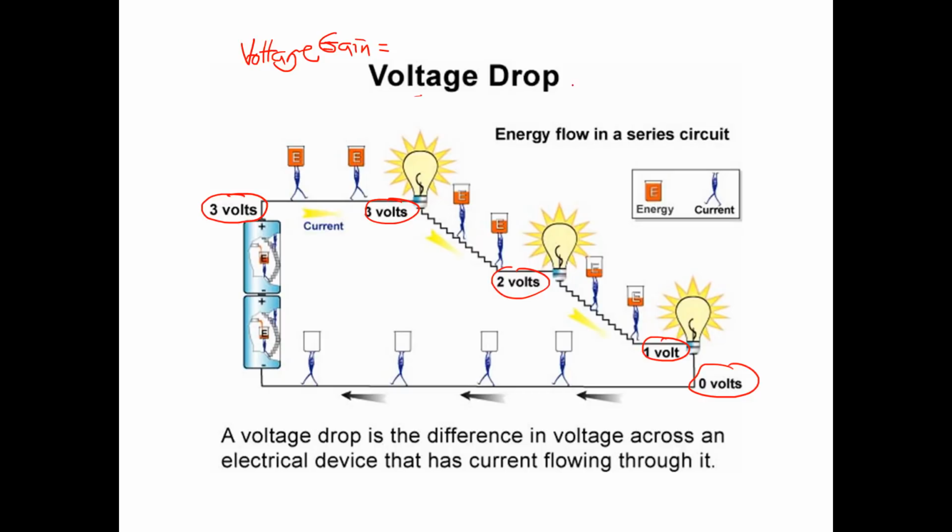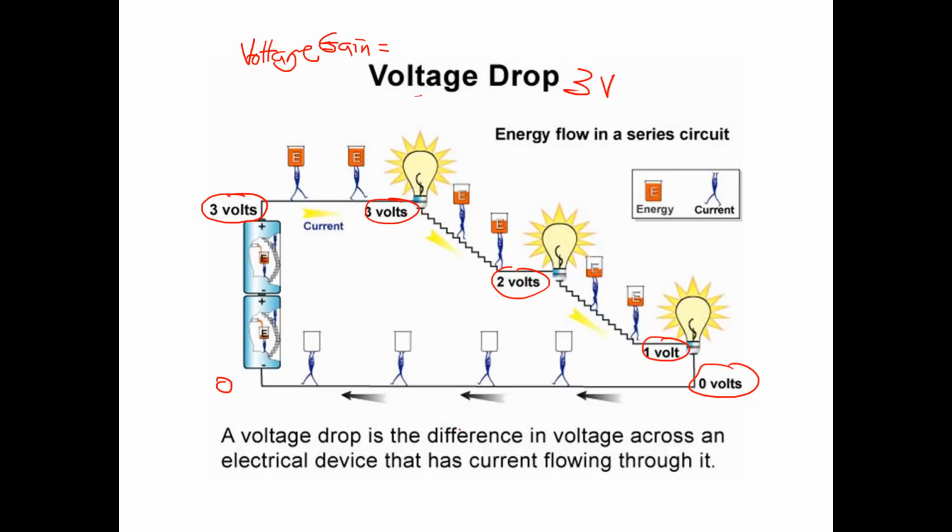So we have 3 volts of voltage drop and 3 volts of voltage gain. This is known as Kirchhoff's law. Kirchhoff's second law is that when we go around a complete circuit, we start at 0 volts, go up to 3 volts, then drop 1, drop 2, drop 3 volts across whatever number of resistors we have.